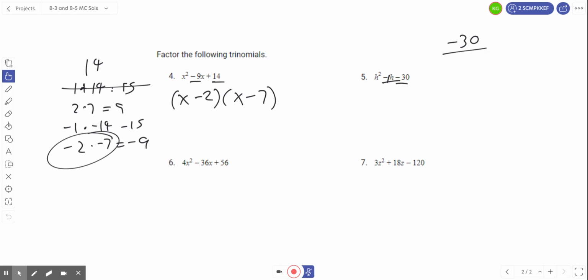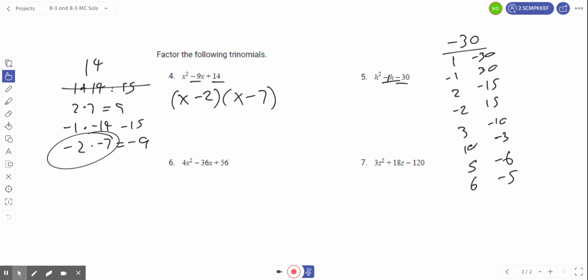Well, -30 could be 1 and -30, -1 and 30, 2 and -15, -2 and 15, 3 and -10, 10 and -3, and then 5 and -6, or 6 and -5.